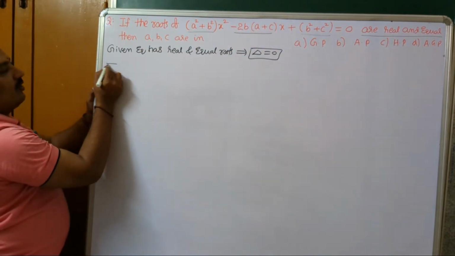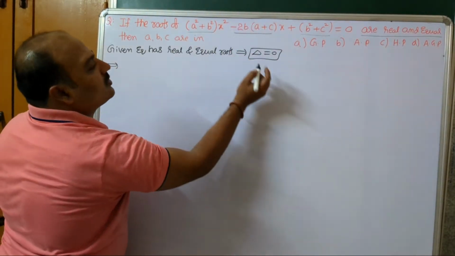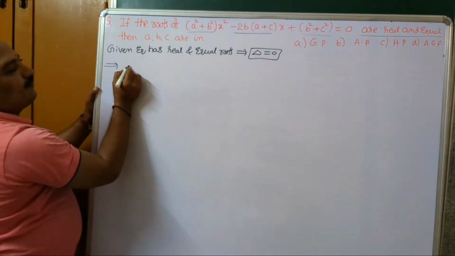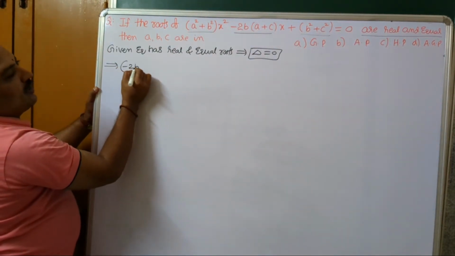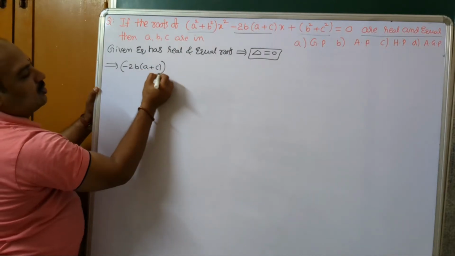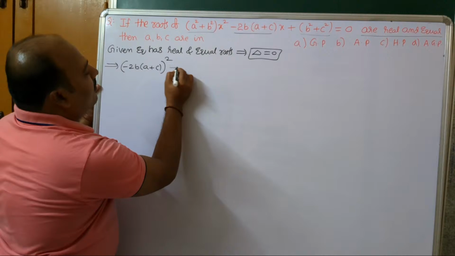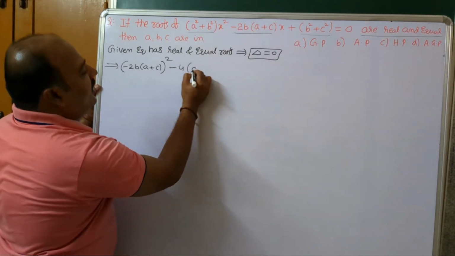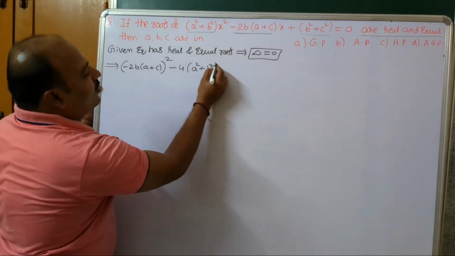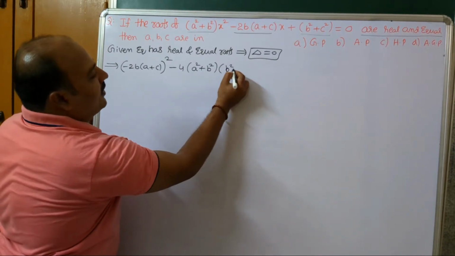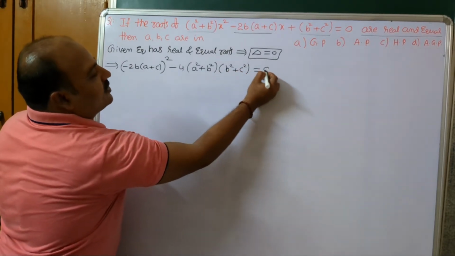So b square, what is b square? This one. So b square minus 4ac: minus 2b into (a plus c) whole square minus 4 into the a value, (a square plus b square) into (b square plus c square), is equal to 0.